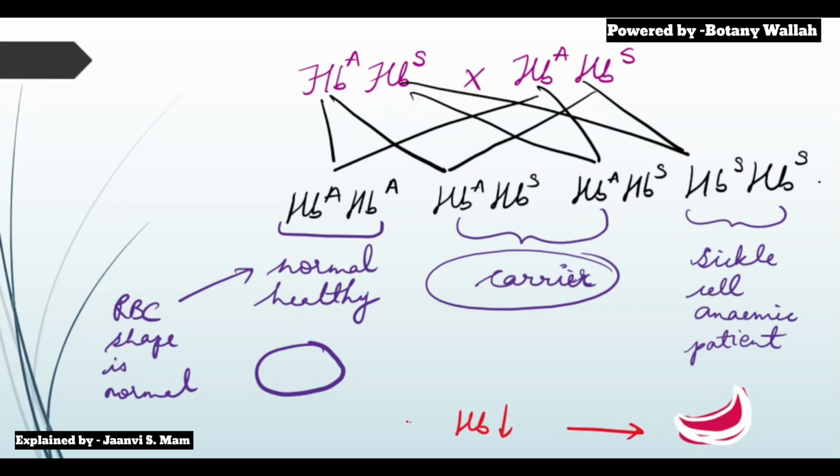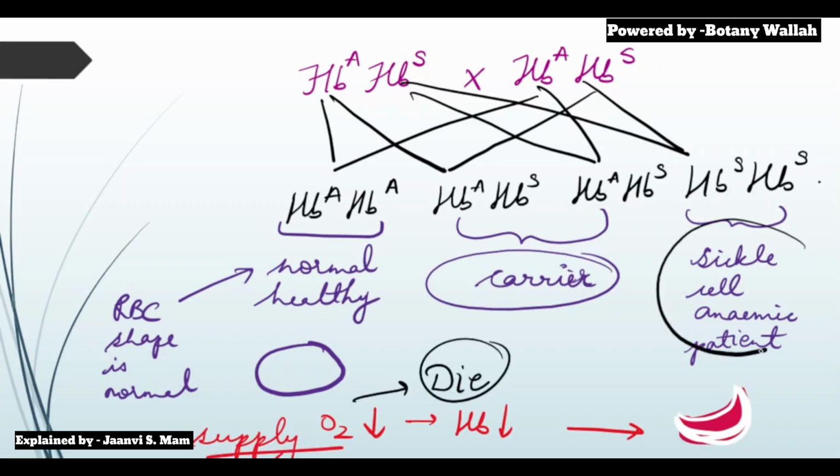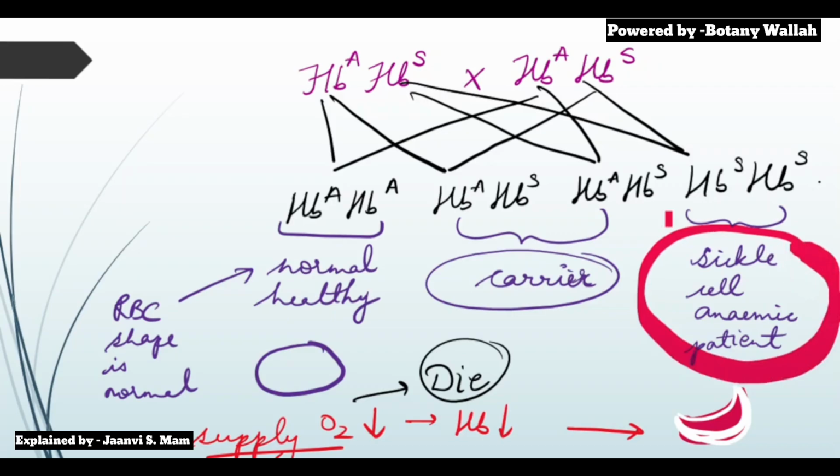If hemoglobin is less, then oxygen supply will decrease. If oxygen supply decreases, then soon the person will die. Okay, this condition is a lethal condition. Lethal means dead. This person will eventually die. So we say this condition as lethal condition.